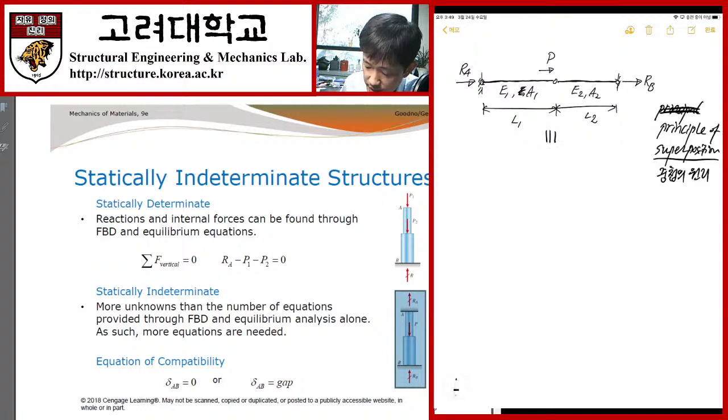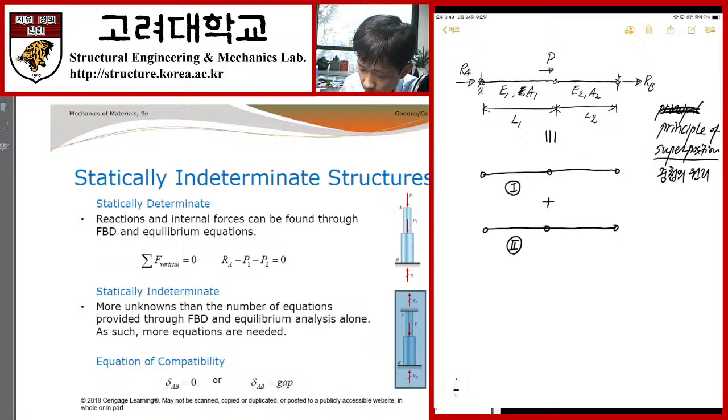Alright, so this system is equal to, I have a structural system. I can imagine two different kinds of structural system. Let's say I want to call this system 1, and this system 2.